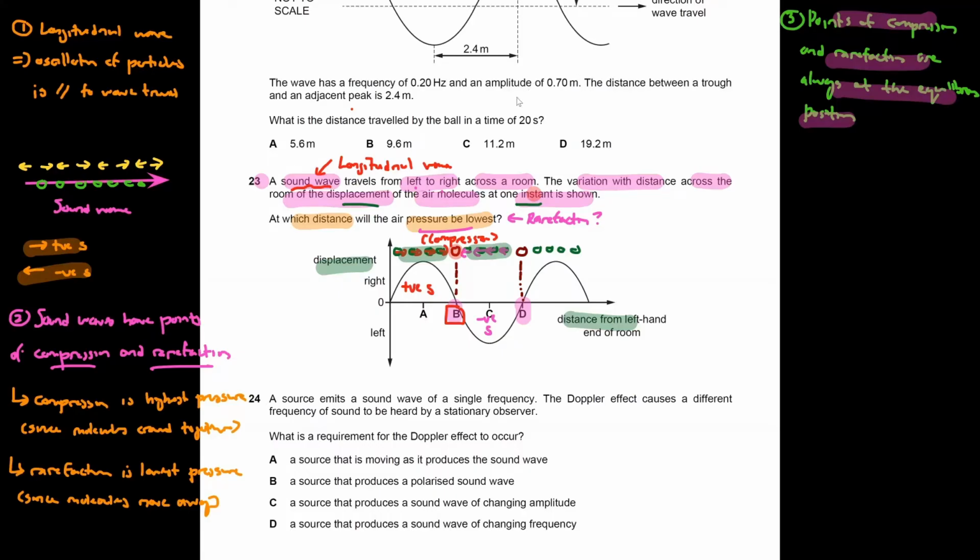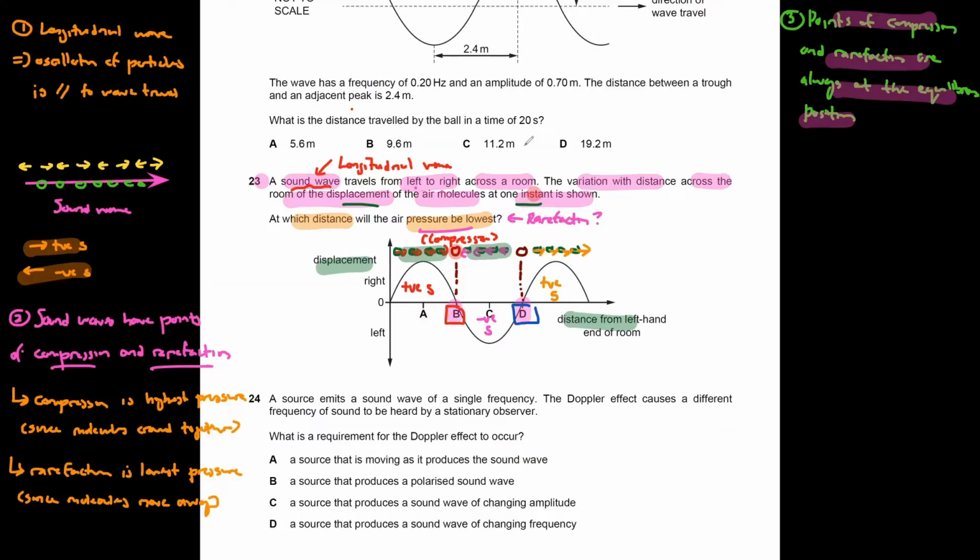Now, similarly, you can apply your analysis for point D here. If you look at the left-hand side of point D, it's negative displacement. Your particles are all displaced towards the left. But if you look at the right-hand side of point D, this is positive displacement. That means all your particles are being displaced towards the right.